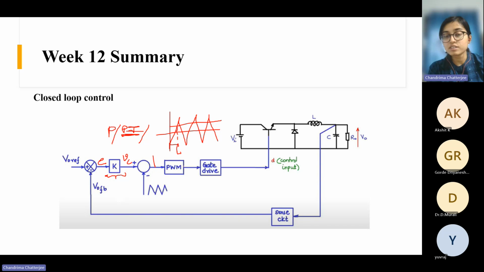Then again after this you get a high signal because the carrier is again becoming lower than your control signal, right? So like this you will get the pulses, right? This is the logic.